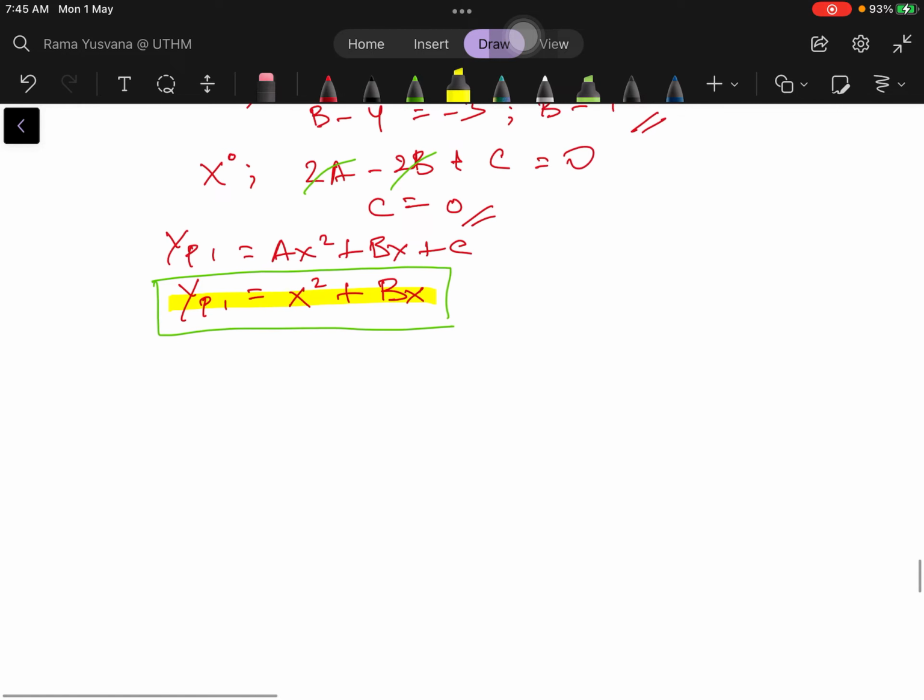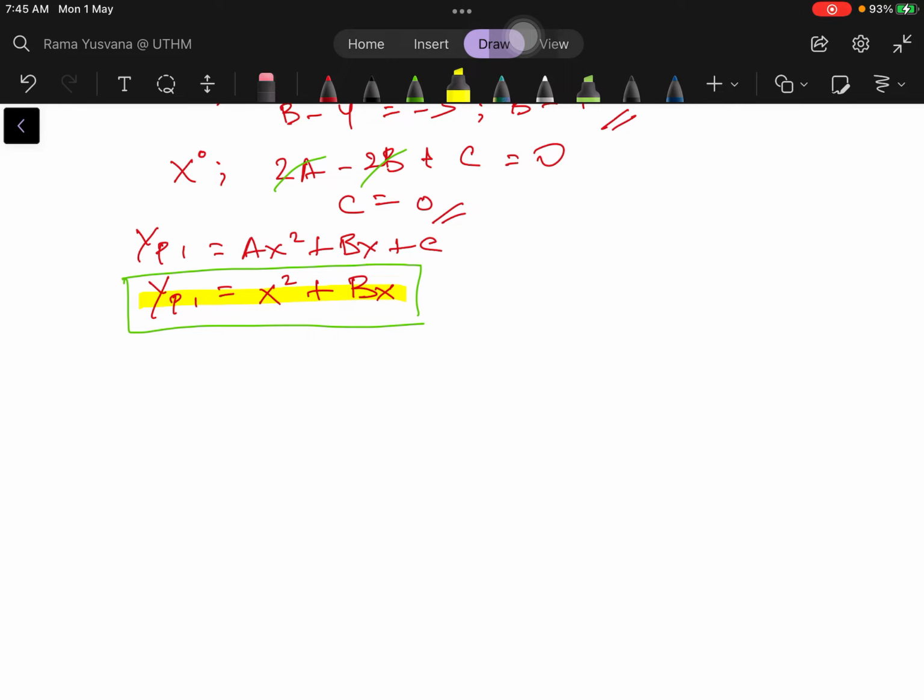So now our job is to find what is the value of yp2. So now we consider our next case, which is case 3, with the non-homogeneous term equals to sin 2x.